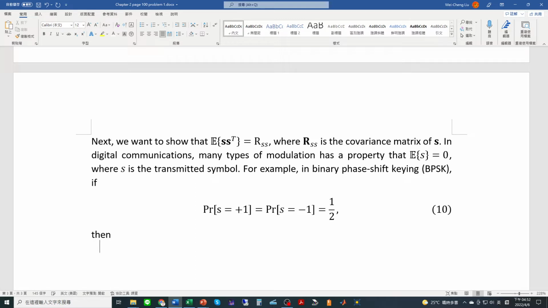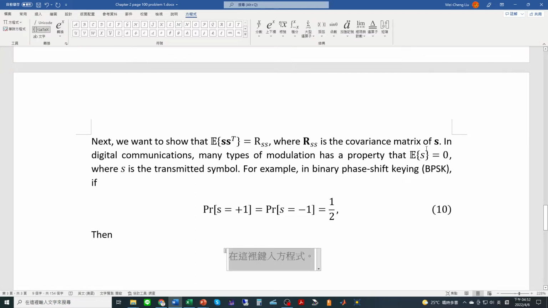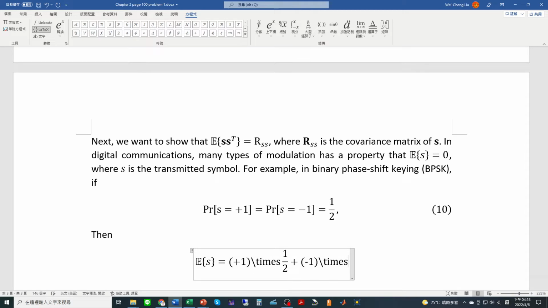Then the expectation of S is equal to positive 1 times 1/2 plus -1 times 1/2.